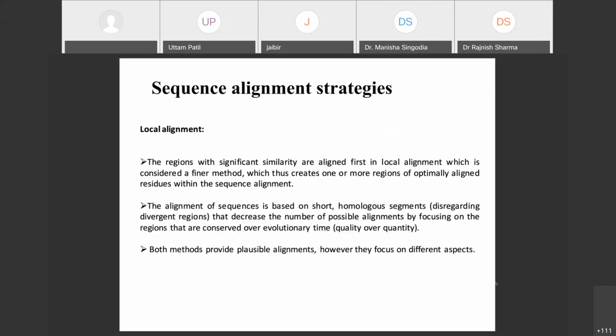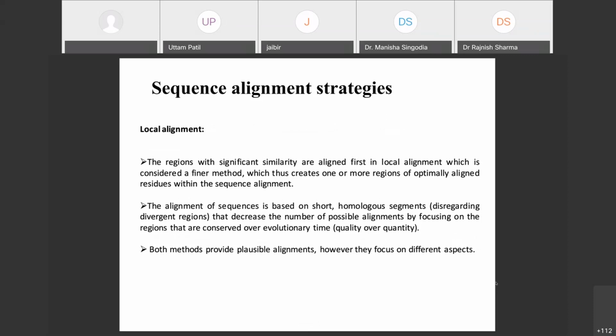But when we go for a local alignment, the local alignment is sometimes considered very important because there could be regions with highest degree of similarity, and if you go for global alignment, these regions might get bifurcated or diluted. So in global alignment you might miss those regions of significant similarities.